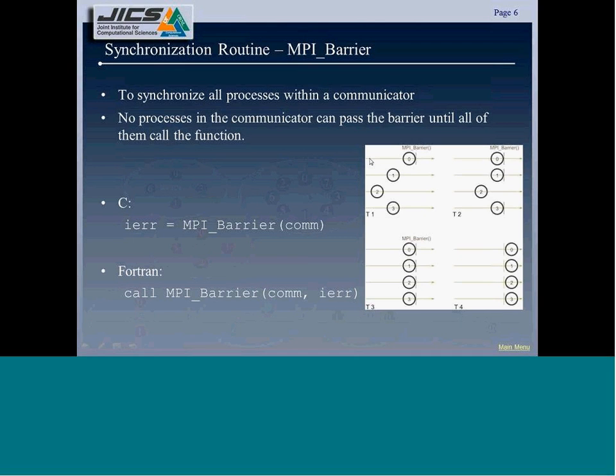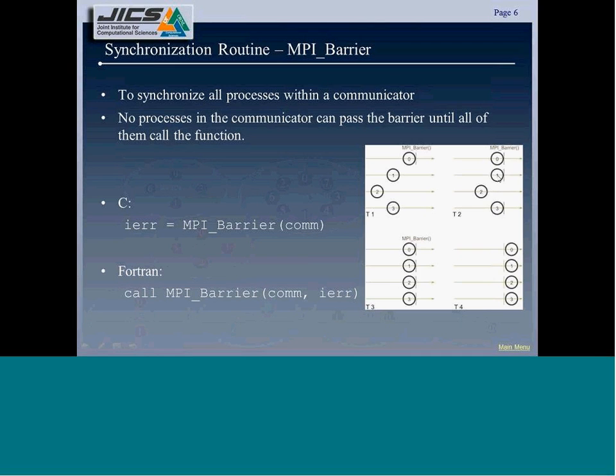In the schematic, the arrows point from left to right, indicating the execution time, the runtime, and you see that at some time T1, the processes are synchronized. Once process 0 hits the barrier, it stops and waits for the other three processes to reach this point.